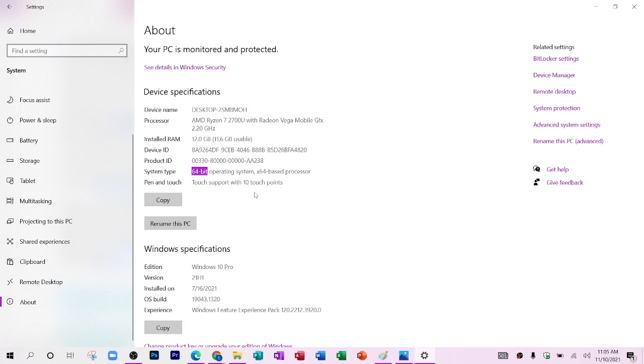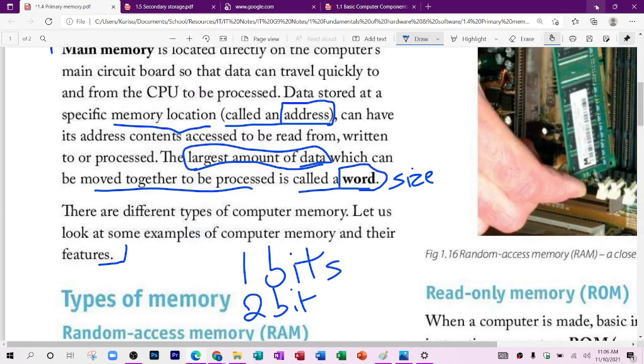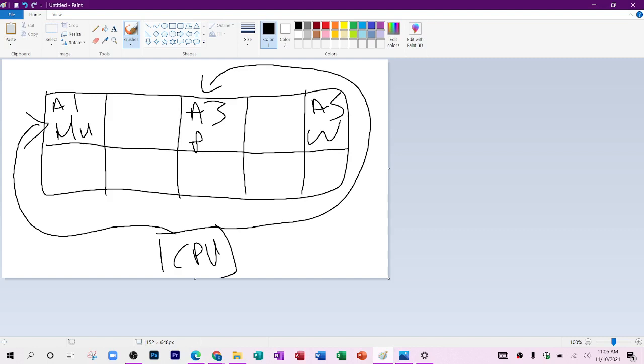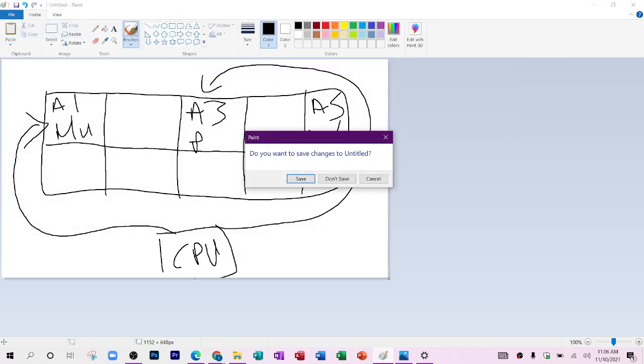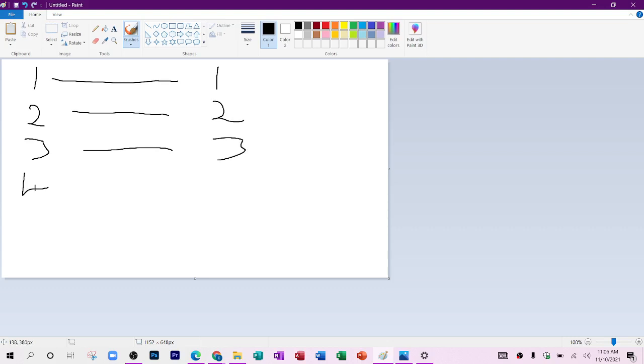So instead of doing it one by one, say for example, instead of just sending one piece of data over, like this here, sending one, and then sending two, and then sending three, and then sending four, instead of sending it one after each other, what it's going to do is group it together.